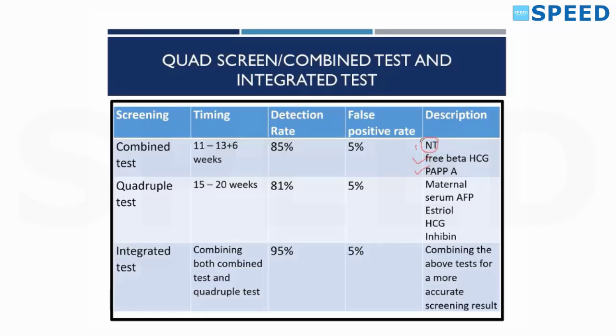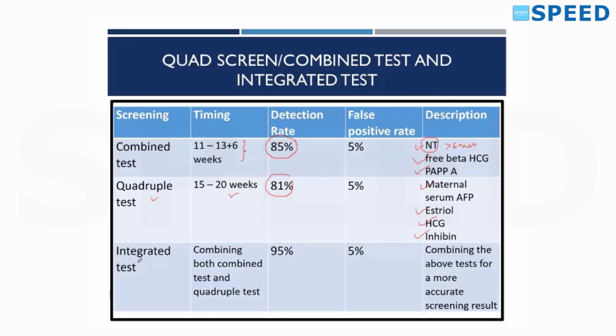If nuchal thickness is more than 6 mm, if pre-beta HCG and pregnancy associated plasma proteins are abnormal, and if this abnormality is detected in first trimester, then you have a detection rate of 85%. When you use quadruple test, which is a second trimester screening technique using the maternal serum alpha protein, estriol, HCG, and inhibin, you have a detection rate of 81%.